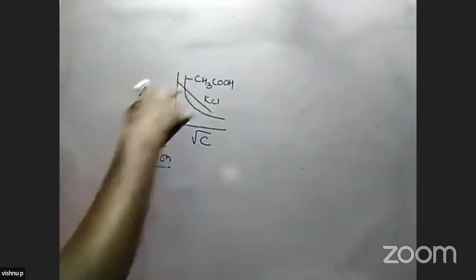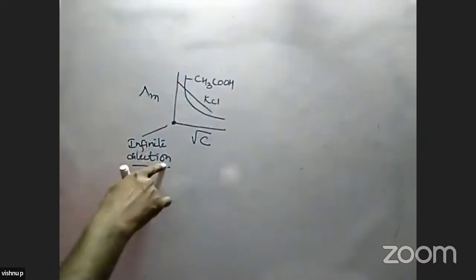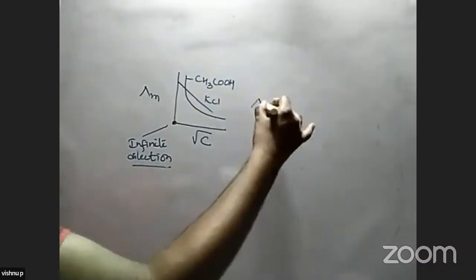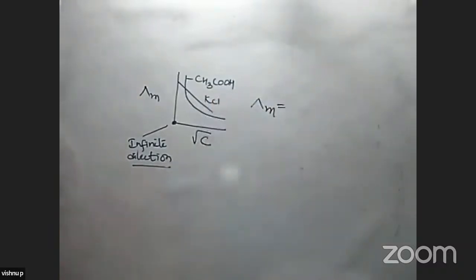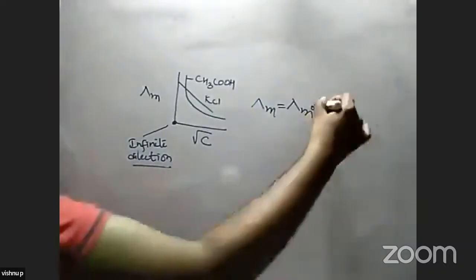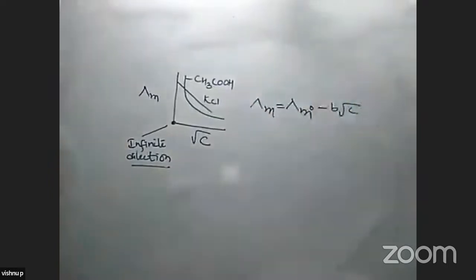For weak electrolytes, it is not possible for the ions to be dissociated up to infinite dilution. So for a strong electrolyte, molar conductivity is equal to molar conductivity at infinite dilution minus B by root C.